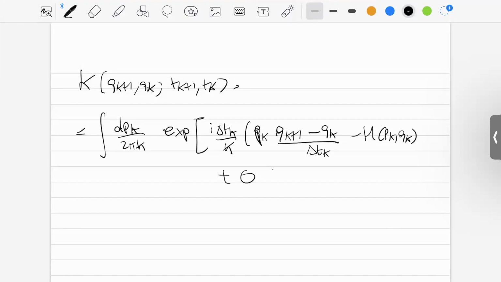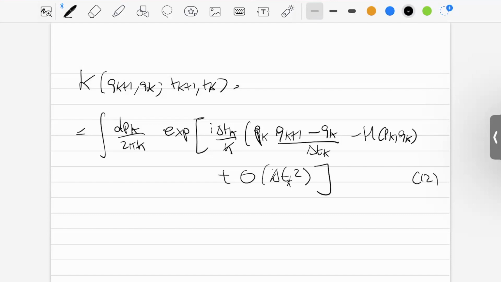Then in principle, some terms proportional to delta tk squared. So this is the generic propagator for a single interval.